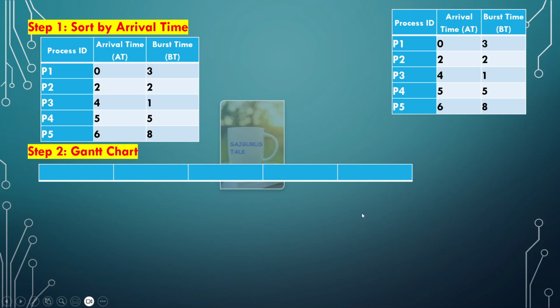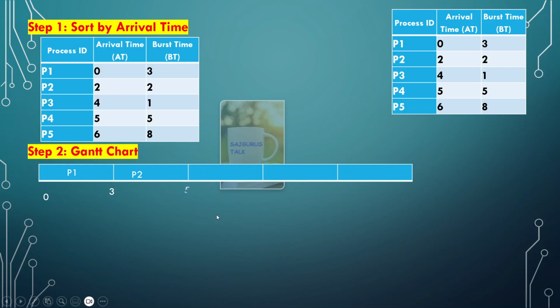At 0th time P1 arrives. So P1 arrives first at 0 milliseconds and executes for how many seconds? 3 milliseconds. Now P2 arrives at 2 milliseconds, but P1 is still executing and P2 starts execution at 3 milliseconds and executes for 2 milliseconds.